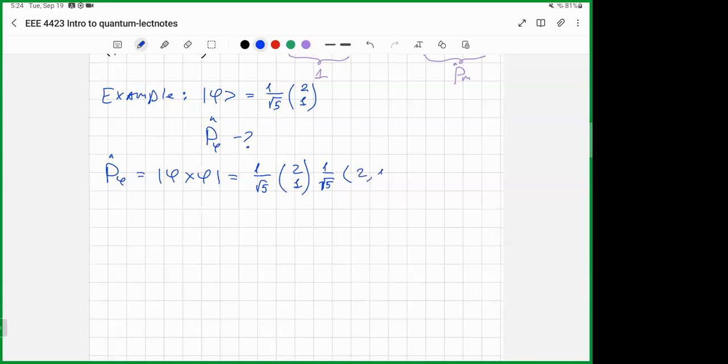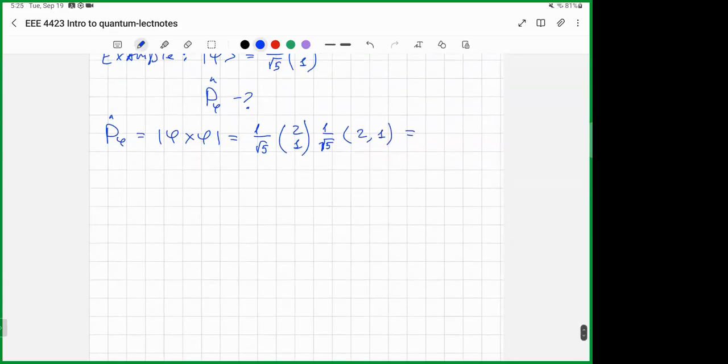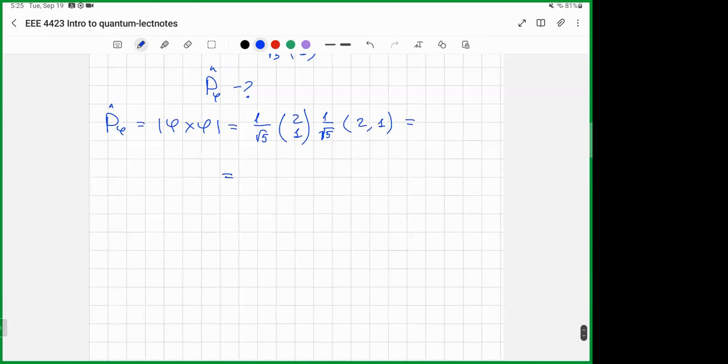So it's going to be 2, 1. The product 1 over square root of 5 times 1 over square root of 5 gives us 1 over 5.